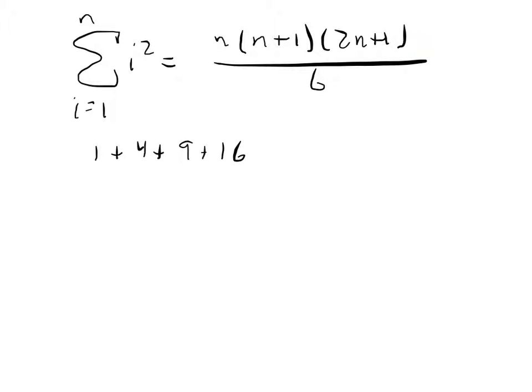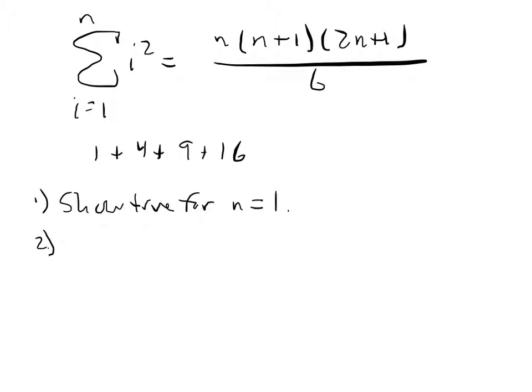Was I likely to stumble across this formula by looking at n equals 1, n equals 2, n equals 3, n equals 4? Not likely. But the good news is someone says, hey, here's the formula. Prove it to me. And again, proof by induction, two parts. I need to show true for n equals 1, and that's one part.